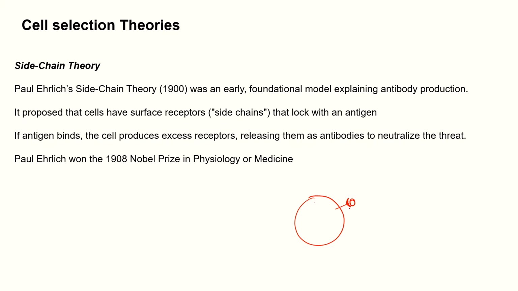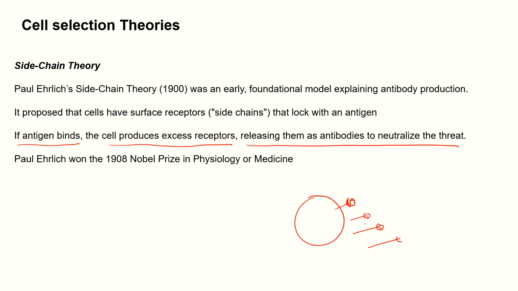It says that if an antigen binds, the cell produces an excess of receptor, releasing them as antibody to neutralize the threat. That means once these are recognized, that particular cell type will express more of these molecules, and these can be released in the system, for example in the body fluid, in the plasma or serum, to neutralize these antigens.